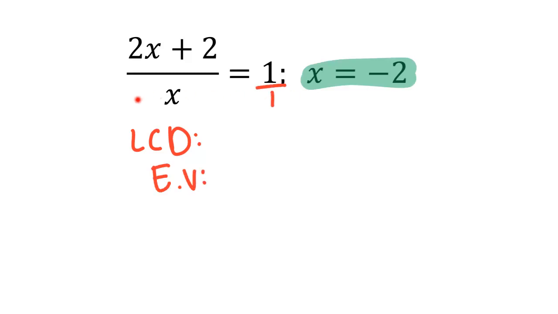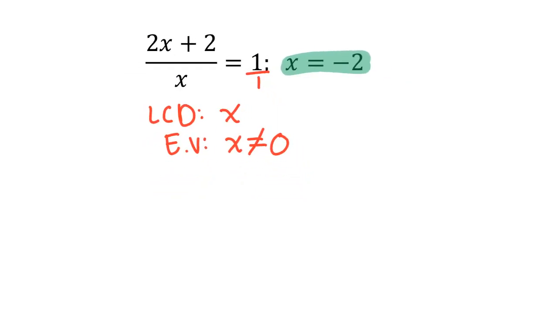So what do I have in the denominators? 1 and x. So my LCD is only x. What's my only excluded value? X cannot equal 0.